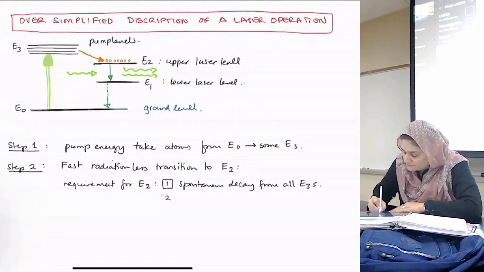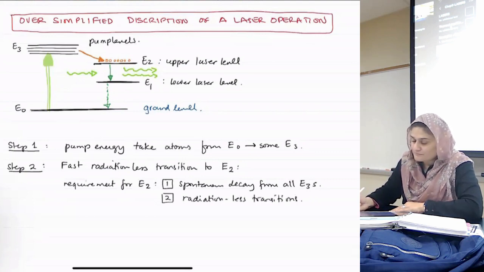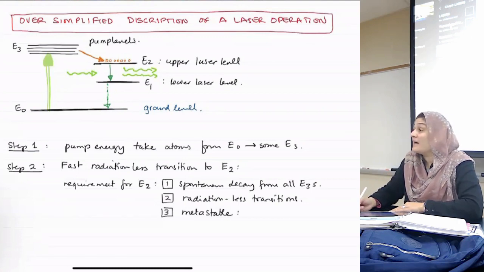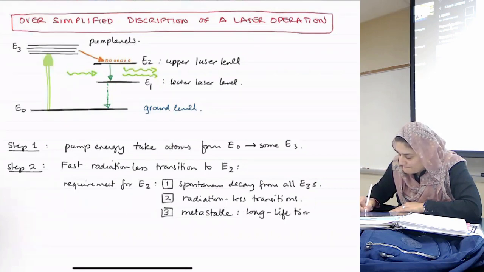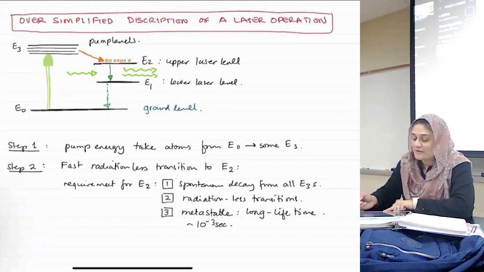Number two, radiation-less transition. Number three, metastable. That means atoms will stay in that state for a long time. So a long lifetime. The order is like 10 to the minus 3 seconds, which is eons when compared to the other levels.